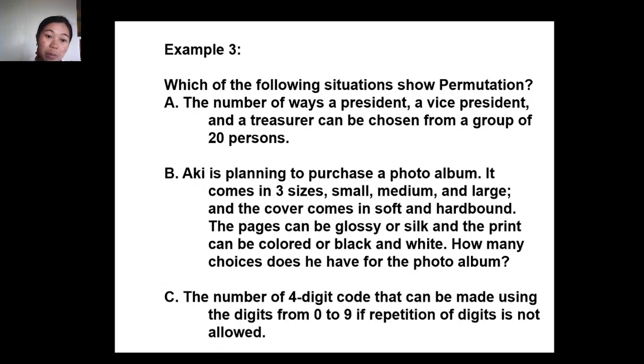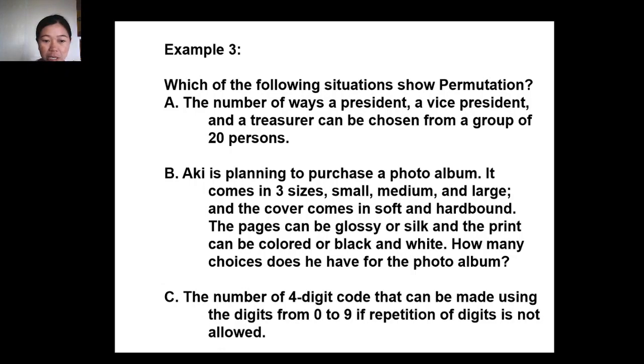So this is just a matter of choosing. Arrangement does not matter for letter B, meaning letter B is not permutation.